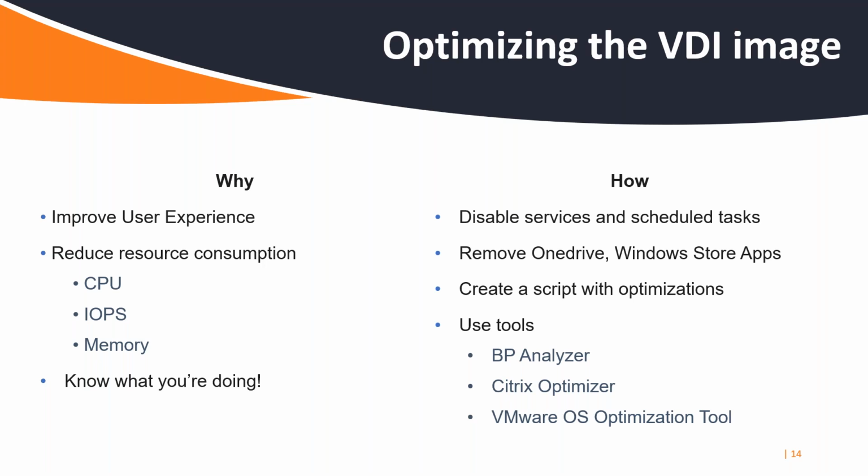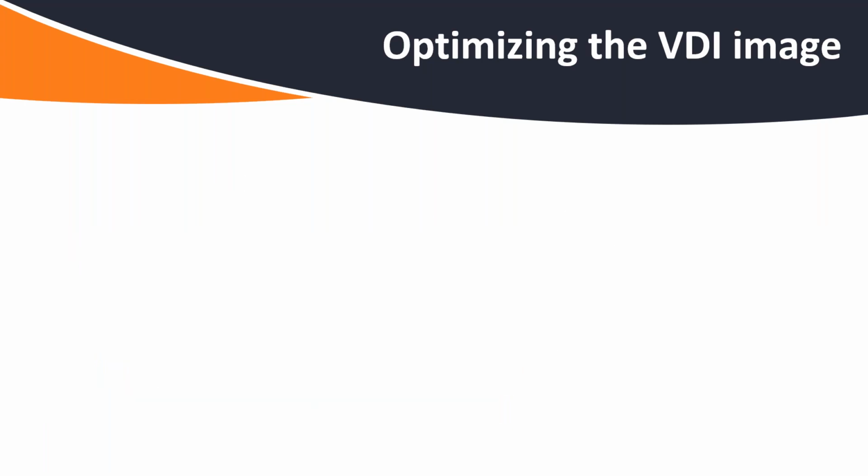BIS-F is one from a fellow CTP that does all of this for you, and use tools that are available in the market. BPA Analyzer, the Citrix Optimizer, the VMware OS Optimization Fling, all of them are able to optimize your desktops. Pick one, pick two, doesn't really matter, but make sure that you know what you're doing and use those tools. But also make sure that you script them.